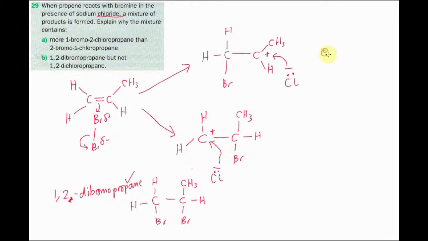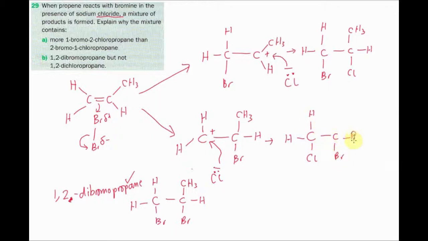So we will end up with this product here, where the chlorine is added on there, and we will also end up with the chlorine adding on to here from this intermediate. So we're going to end up with this.